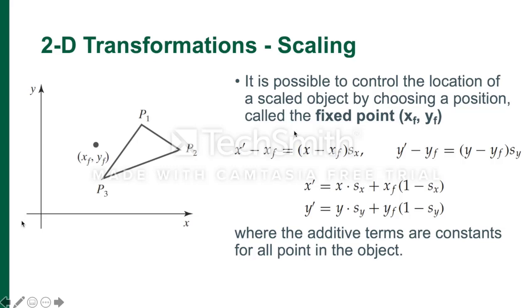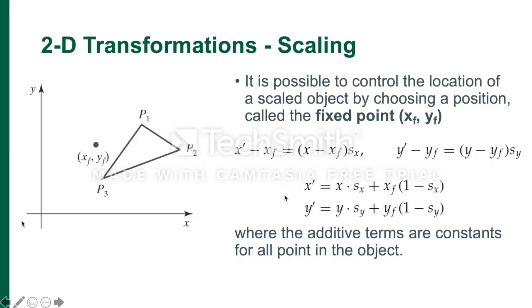It is possible to control the location of a scaled object by choosing a position called the fixed point. So we are going to redefine the previous equations as x prime minus xf, that is the fixed point, equals x minus xf times sx. Similarly, y prime minus yf will be equal to y minus yf, the fixed point in y, times sy.